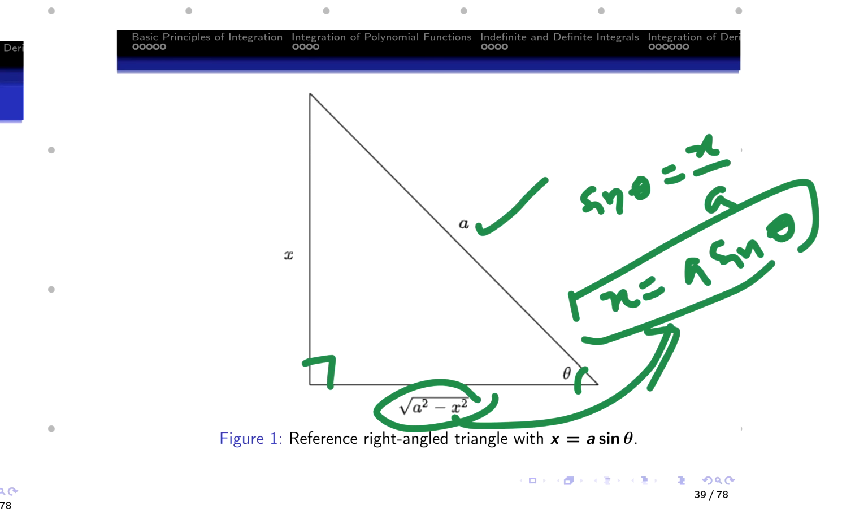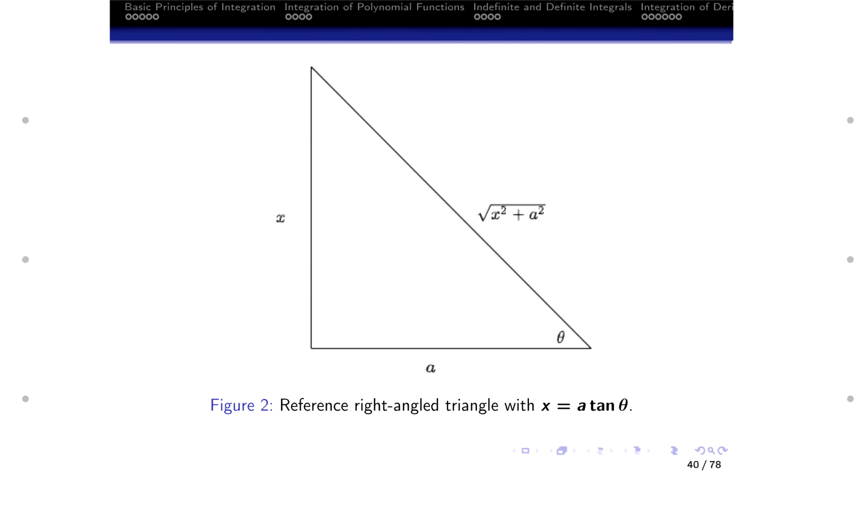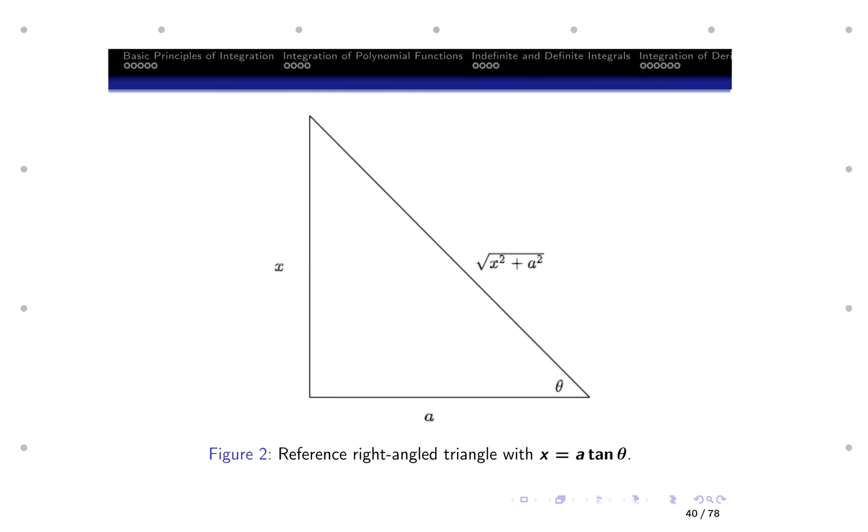Then you have the second one, where you have angle theta. The opposite remains x, but now your a is the adjacent, and of course the hypotenuse will be square root of x squared plus a squared, as you have here. So in that case, what happens?